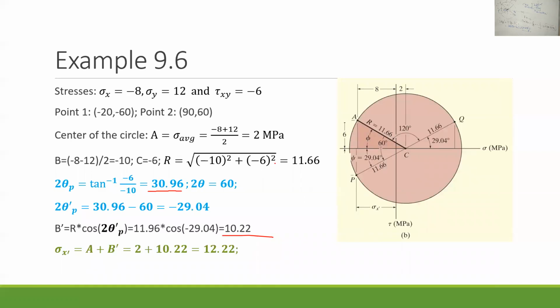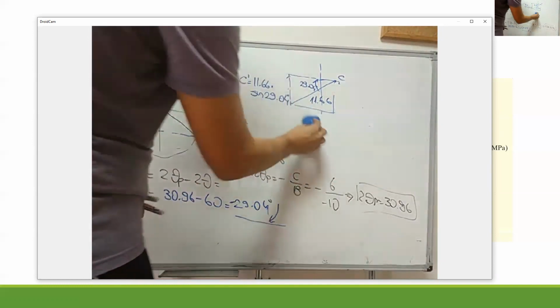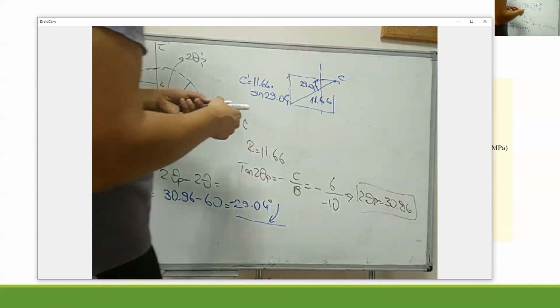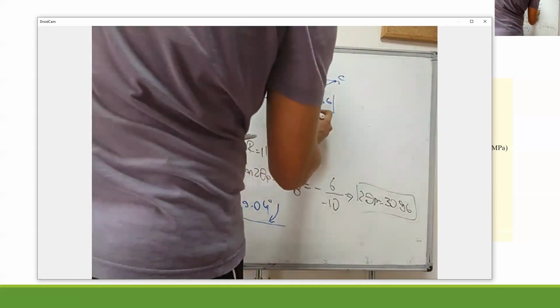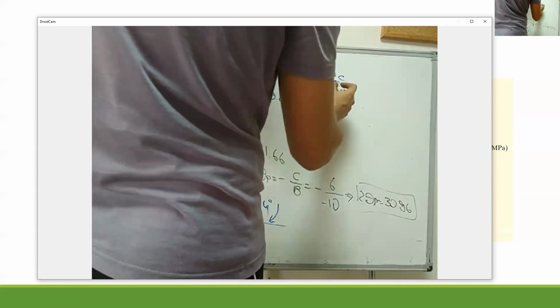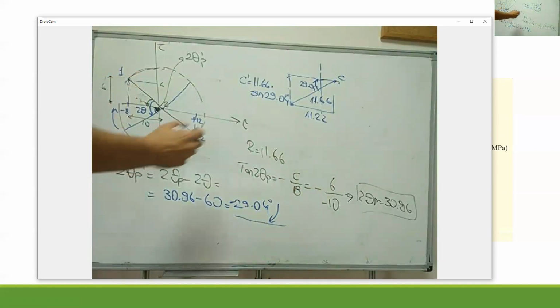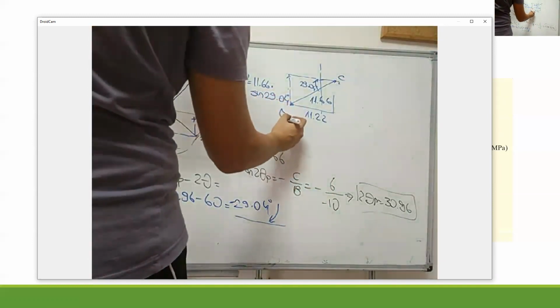First we will start with this point, 10.22. So you can see this is the point, therefore I can write sigma x prime.